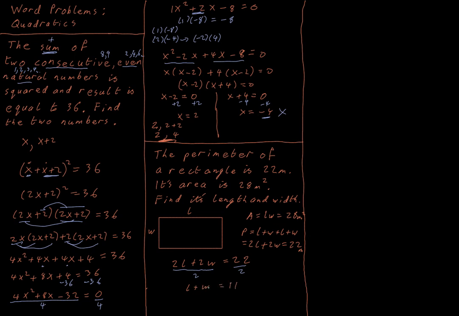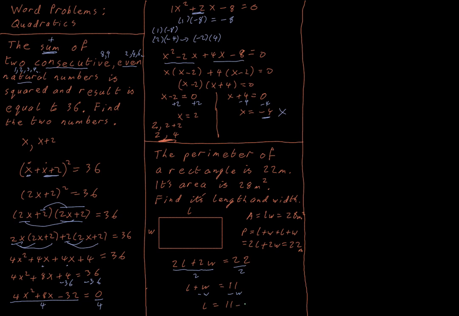And if I want to try and talk about these things, I want to have one letter at a time. So I could isolate this and say that my length would be equal to 11 minus my width. So subtract, just get the length by itself.